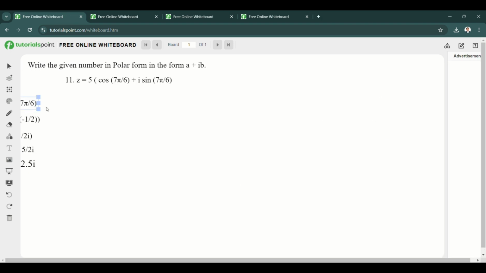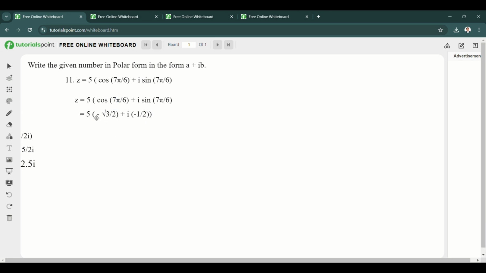So in number 11, we need to transform this polar form into the form of a plus ib. The given is z equals 5 cosine 7π over 6 plus i sine 7π over 6. So this is our original equation. We need to transform it to find a plus ib.